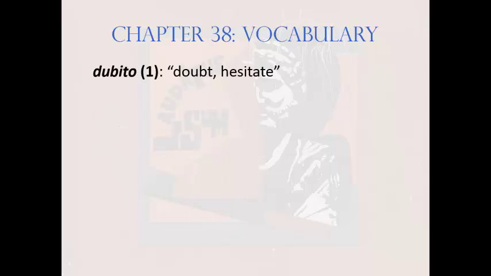Now here's a really interesting verb. Dubito, first conjugation, meaning doubt or hesitate. It's made up of dub, meaning two, and ito, a type of verbal suffix called a frequentative, which adds a sense to the verb's basic action that it's happening frequently or repeatedly.